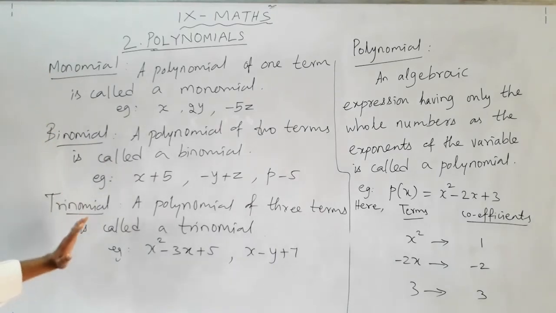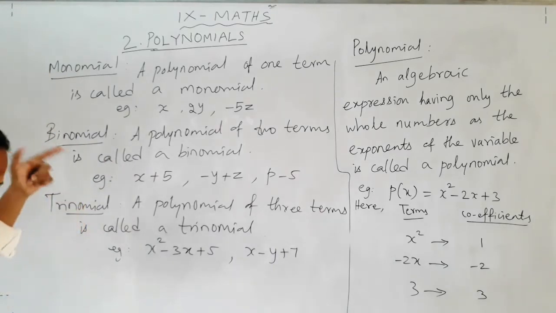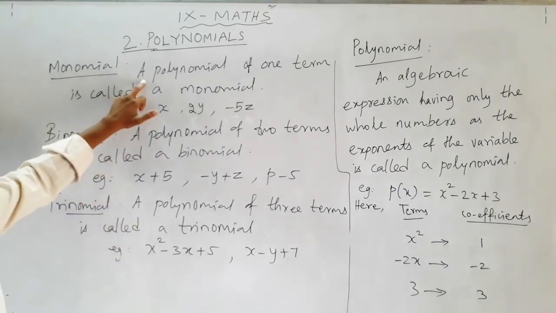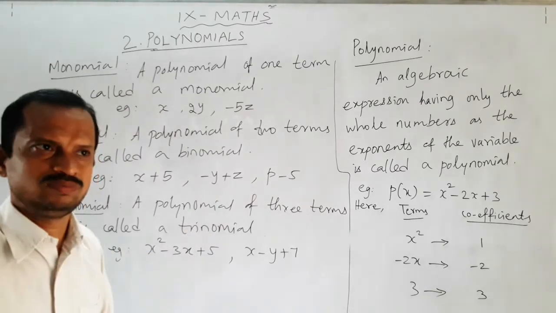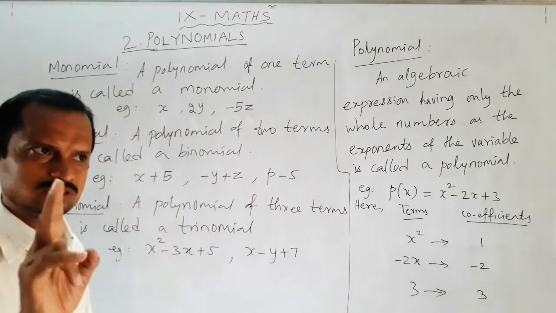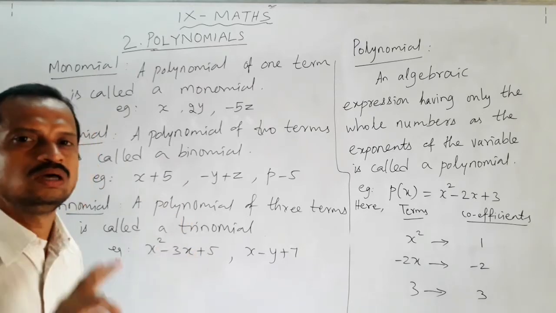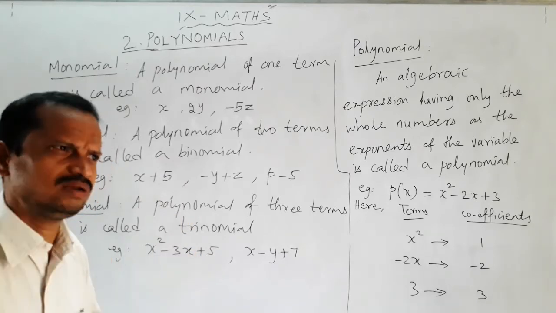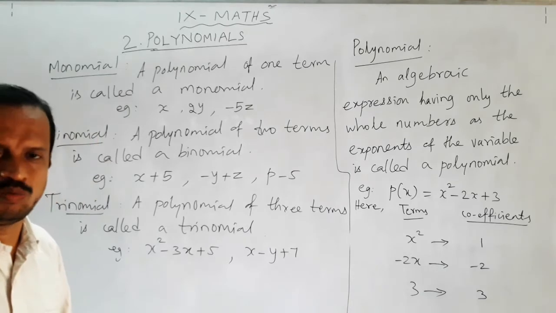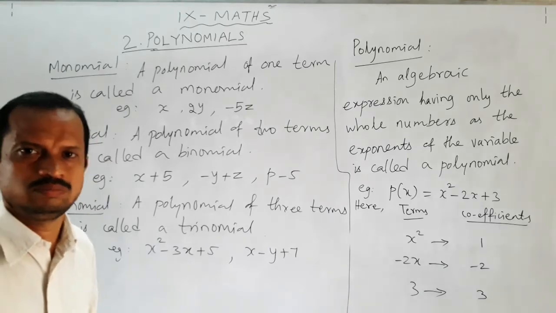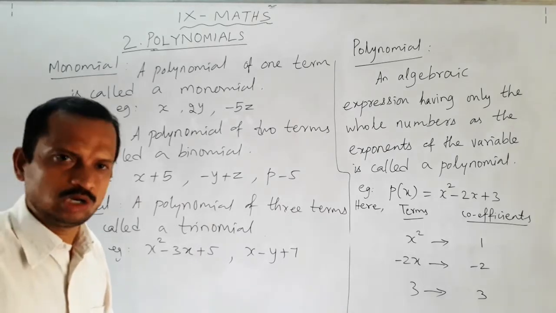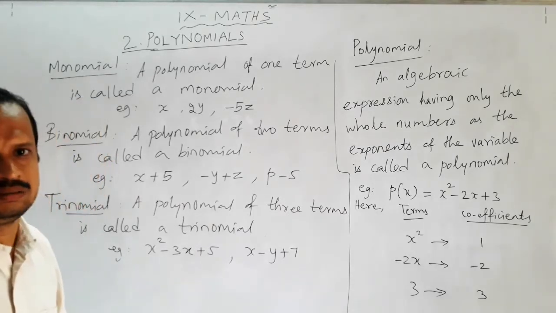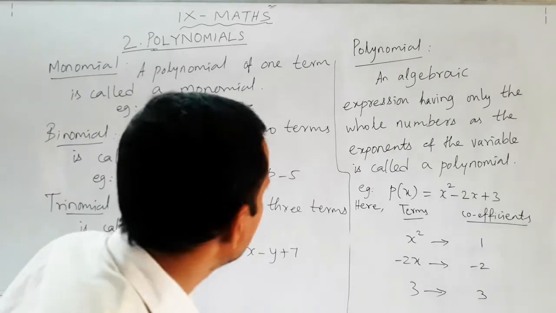If there is only one term, that polynomial is a monomial. If there are 2 terms, binomial. If there are 3 terms, it is a trinomial. More than that, we can say everything is a polynomial. If there are 4 terms, polynomial. 5 terms, polynomial. Like that, it proceeds. Okay. So this is the main concept about polynomial. And based on degree, we shall see. Clear? Based on degree.